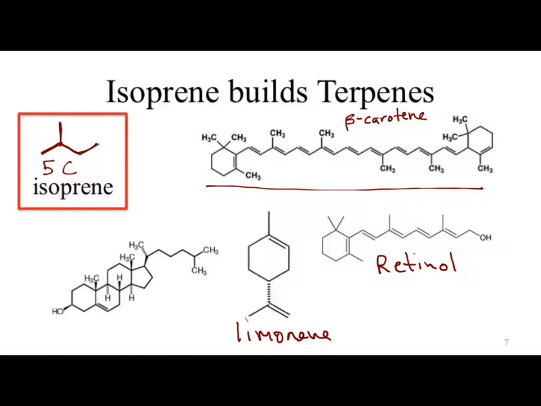Why might that help you with night vision? Beta carotene looks awfully similar to retinol. Okay, they're related to each other. Okay, what's that last one? Is that an answer? We've got cholesterol.